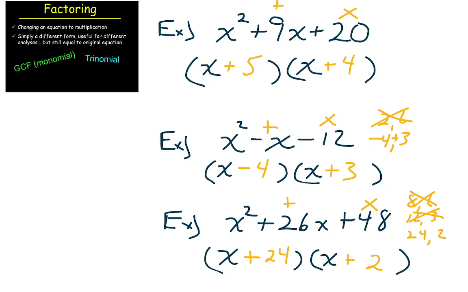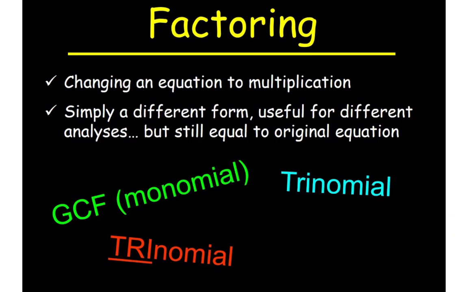But what if it's not just a trinomial, but it's a trinomial with a coefficient? Okay, now I kind of made this up, but basically it's an equation or expression that has a coefficient.